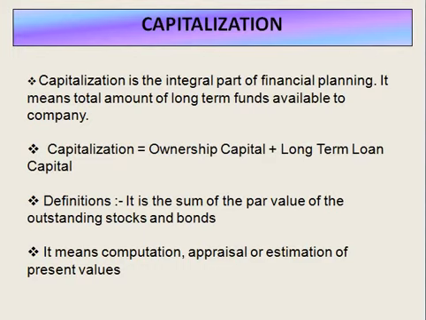We have to keep in mind that capitalization in reality forms the combination of two forms of creditors: the first one is the short term creditor and the second one is the long term creditor. So this is what capitalization is.